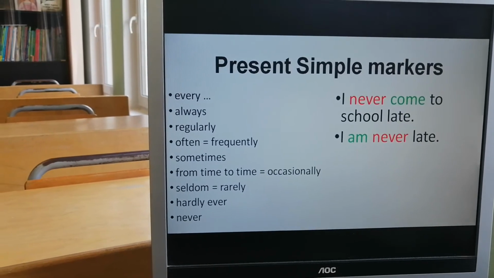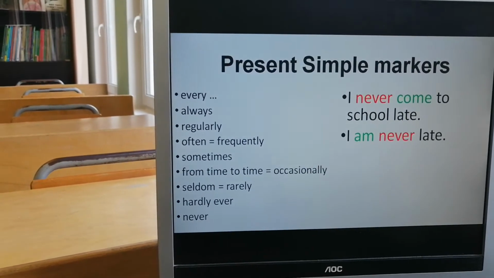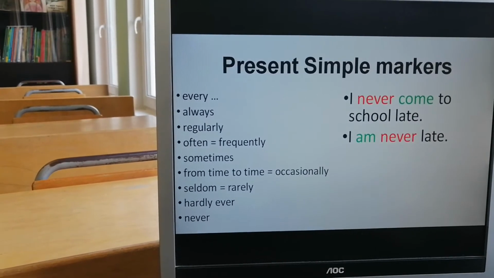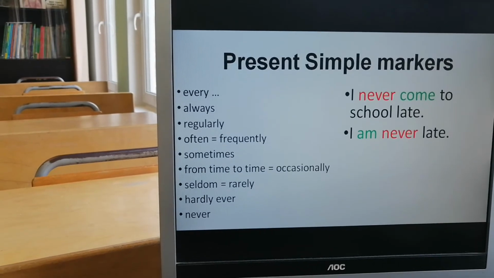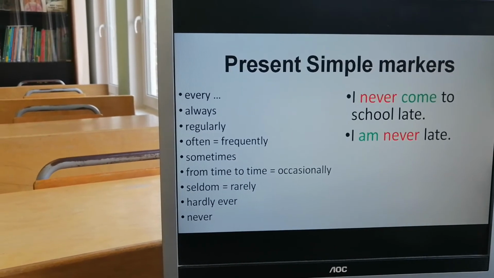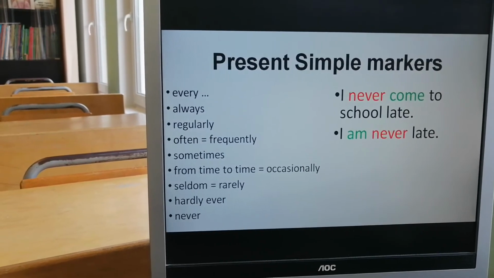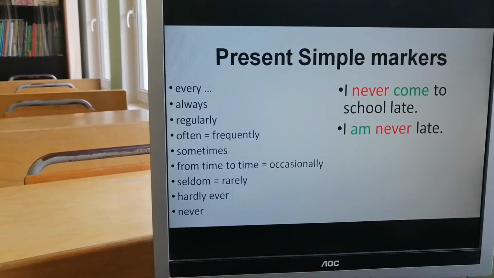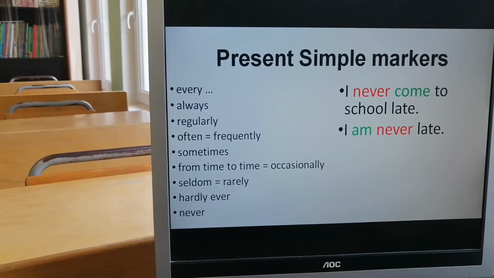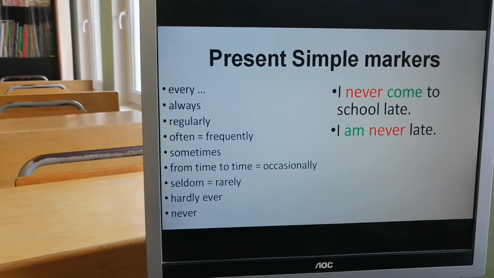So if the main verb is to be, you put the adverb after the verb. Helen is sometimes bad-tempered. Mark is hardly ever helpful. Helen is always on time, and so on.